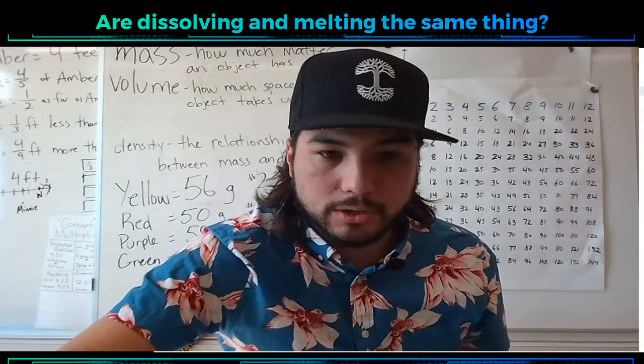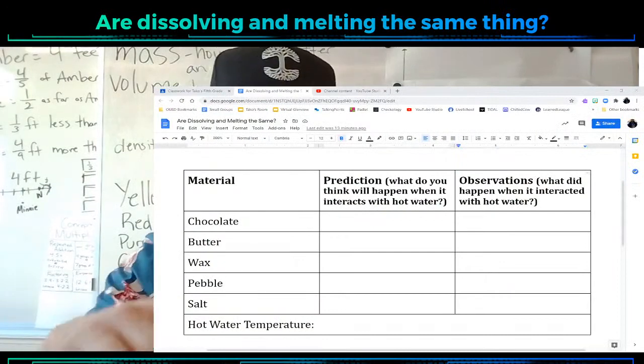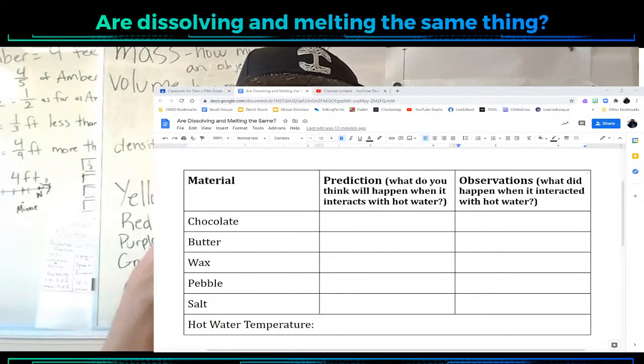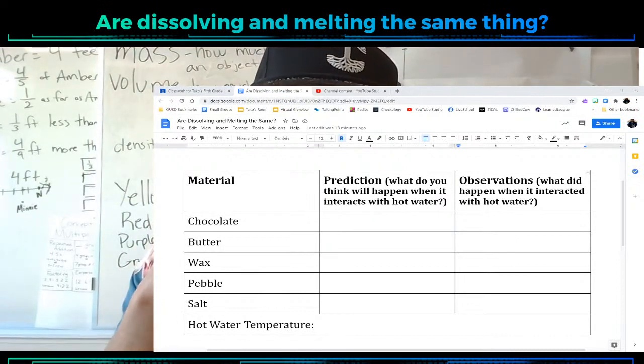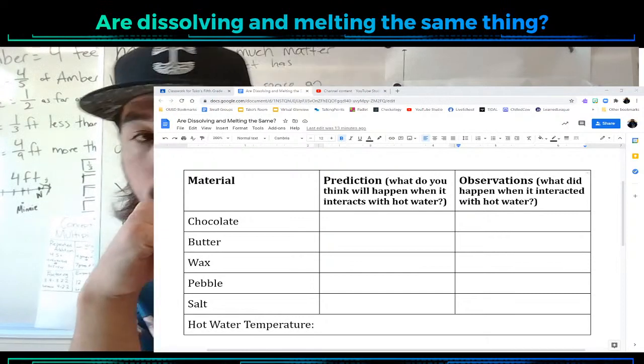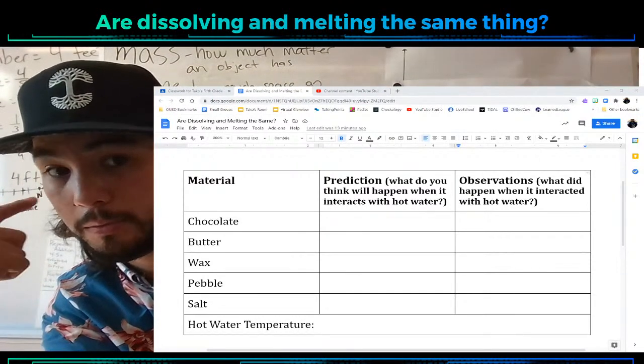Let me pull up the graphic organizer again. While I'm doing this, your job is to do two things. One, make a prediction in that middle column. What do you think will happen when each of the materials interacts with hot water? Chocolate, butter, wax, pebble, salt.